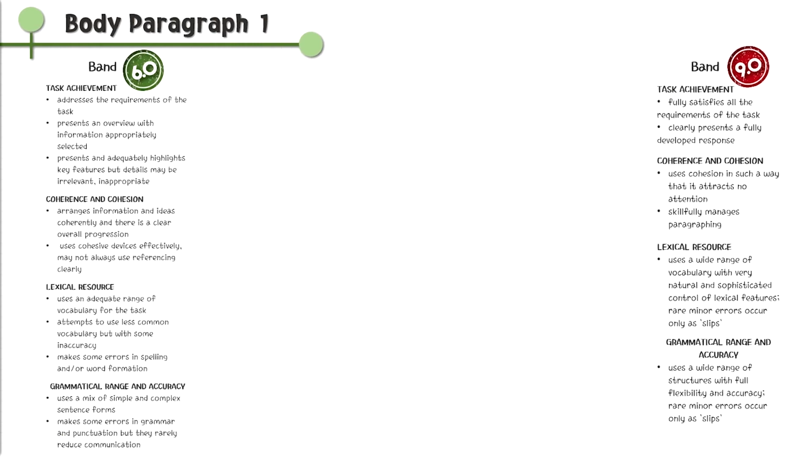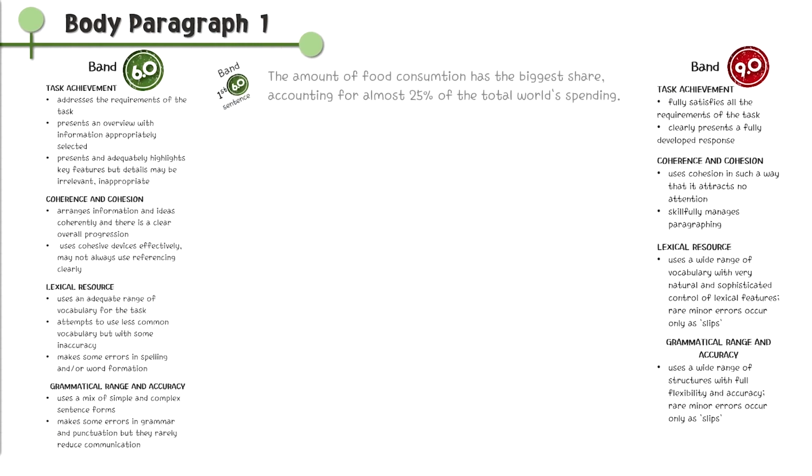Going further, let's check Band 6 and Band 9 first body paragraphs. The amount of food consumption has the biggest share, accounting for almost 25% of the total world spending. Looking at the first sentence of a Band 6, the word consumption was misspelled, it lacks P. This is seen under lexical resource for a Band 6 response. The words almost 25% and world spending can actually be expressed in a better way.